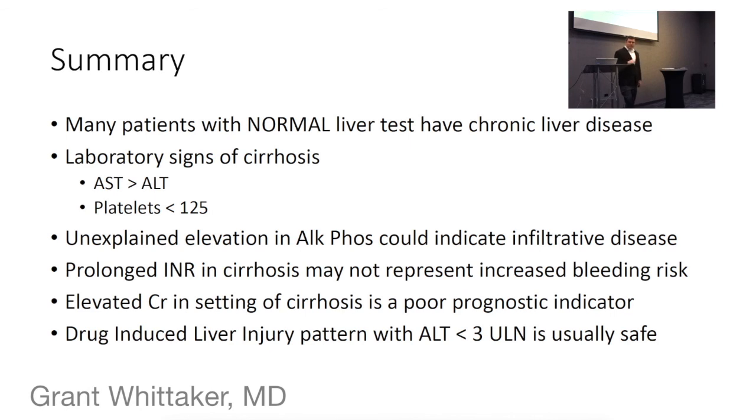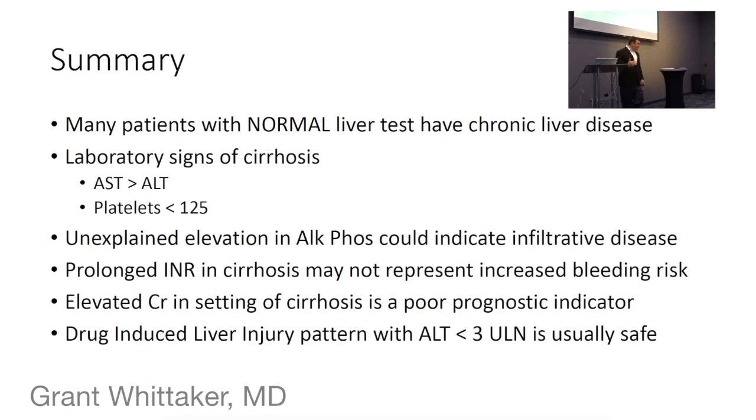Same thing with platelets less than 125. For any unexplained elevation in alk phos, especially if the GGT is high too, and you've imaged the patient and there's no sign of an obstruction in the bile duct, start worrying about a hidden infiltrative disease. Do they have some kind of malignancy, or something less worrisome like sarcoid, amyloidosis, or a TB infection? Those are the things you should be thinking about if the imaging is normal with those elevated alk phoses.